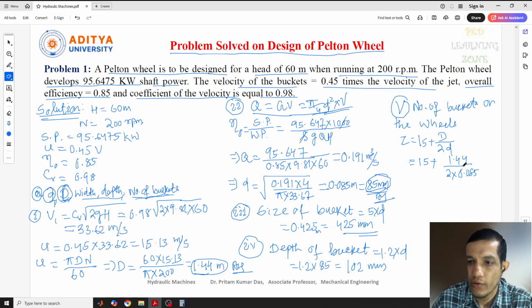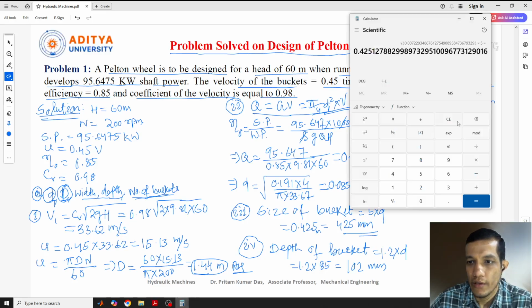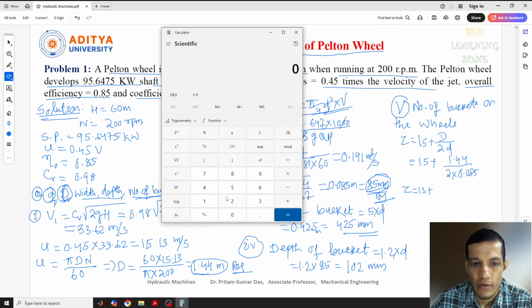So Z equals 15 plus, let's find this, 1.44 divided by bracket start 2 into 0.085 bracket close, which is 8.47, plus 15.